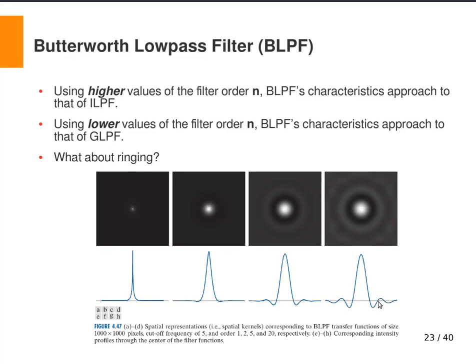And this is what you see here. Basically, we end up having points of zero crossing, which translate to ringing artifacts. So it is very important to modify the filter order in such a way that we can avoid the ringing artifacts.